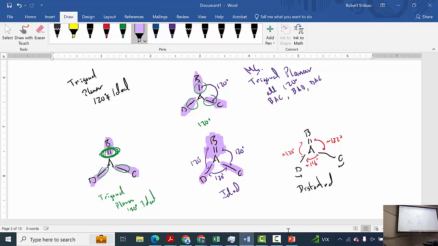That's because this group has greater repulsions. This group needs more space, so it's going to have greater repulsions. It's going to squeeze these two groups in, 122, 122, 116. And so it's about a 2-degree distortion.